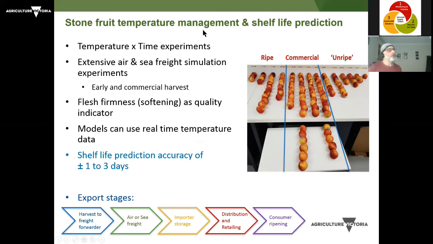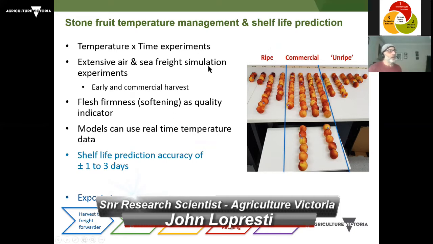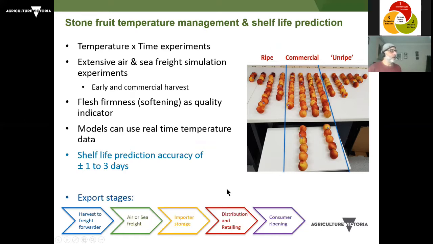Now we're going to look at stonefruit temperature management and storage and shelf life prediction. The models we developed to predict storage and shelf life and changes due to temperature along the supply chain were based on temperature by time experiments, and fairly extensive air and sea freight simulation experiments, using, in all cases, two different maturities: early, or we can say unripe, and commercial ripeness fruit.